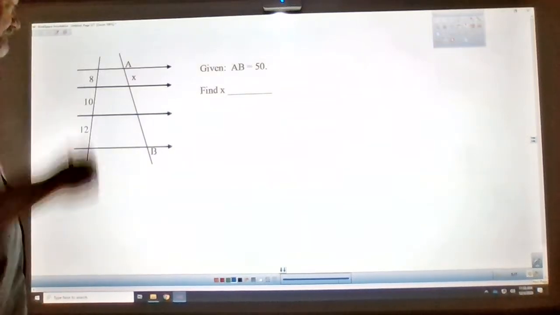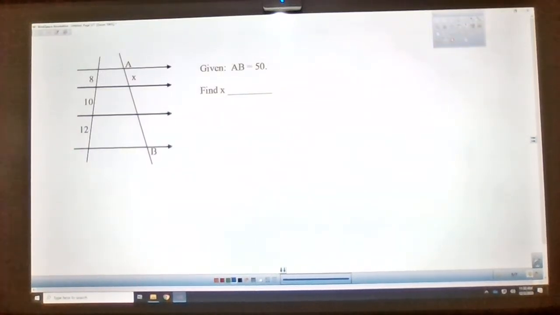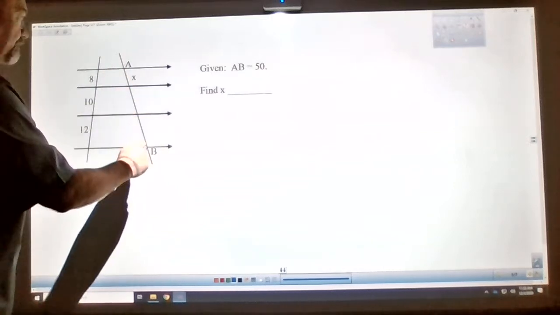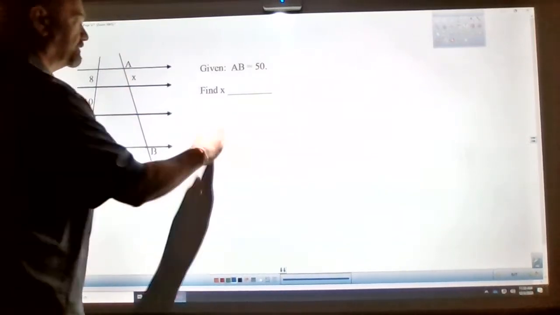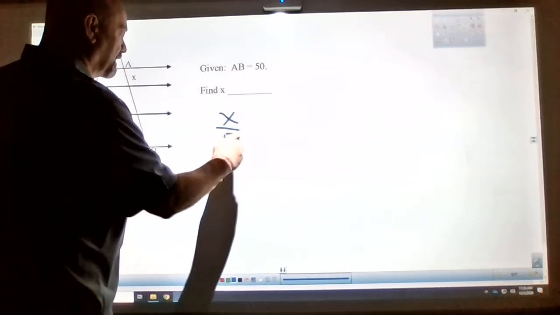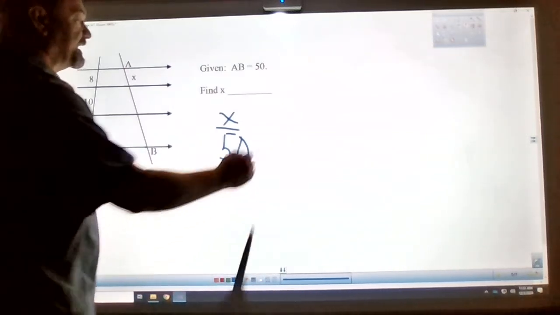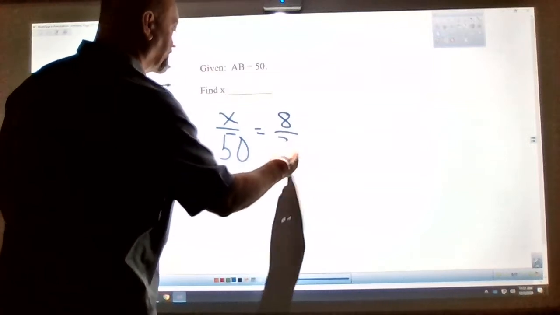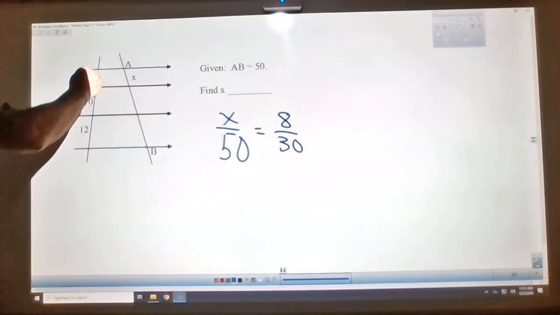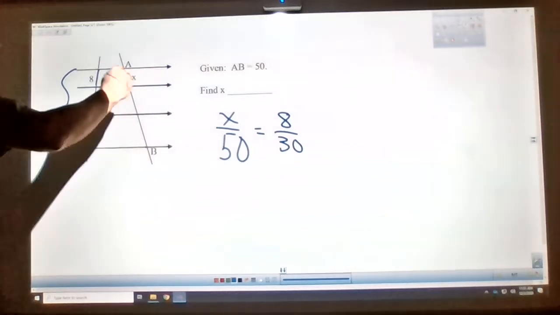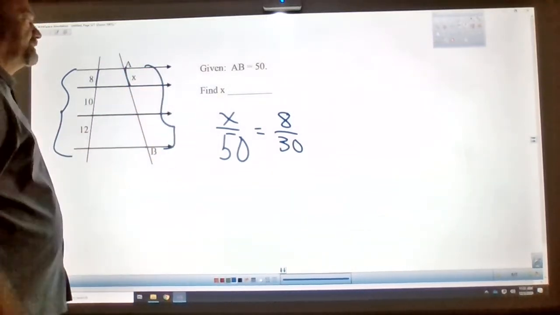Next problem. Same thing, we want to find x, given that AB, the whole thing, is 50. Okay, so we'll say x is to 50. If we look at x is to 50, then this whole thing is 8 and 12 are 20, 30. So we would say that 8 is to 30, 8 is to this whole thing as x is to this whole thing. So 8 over 30 reduces by 2 to 4 over 15, equals x over 50.